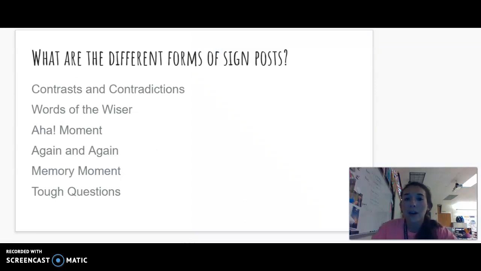So, authors foreshadow using signposts called contrasts and contradictions, words of the wiser, aha moments, again and again, memory moments, and tough questions. We're going to go over each of these. You will then, after we've concluded this Edpuzzle and the notes, look at some examples of these and decipher what forms of foreshadowing the author seems to be using.